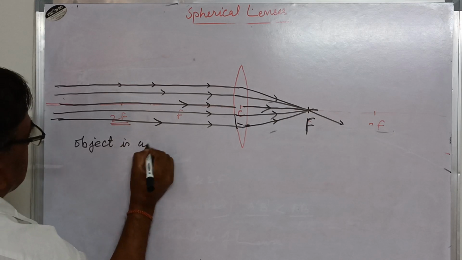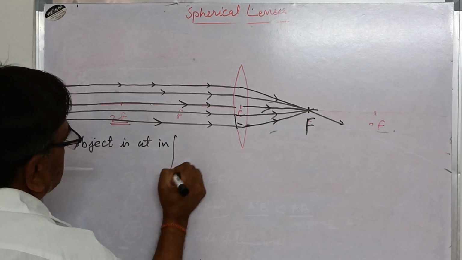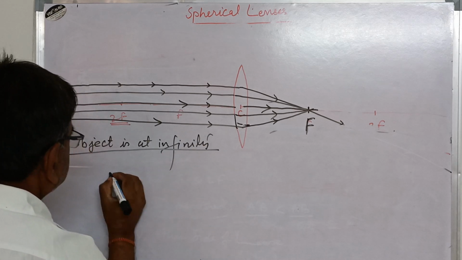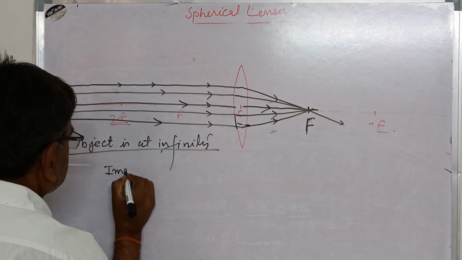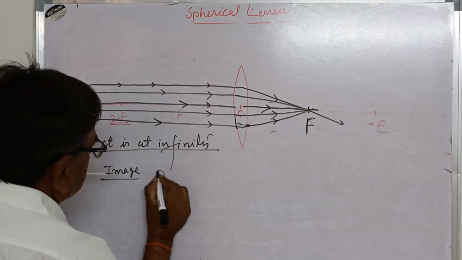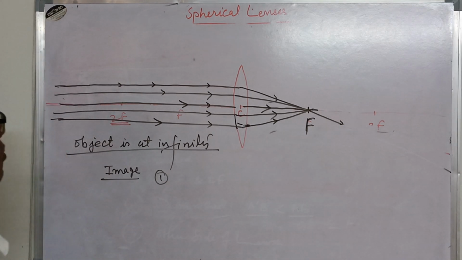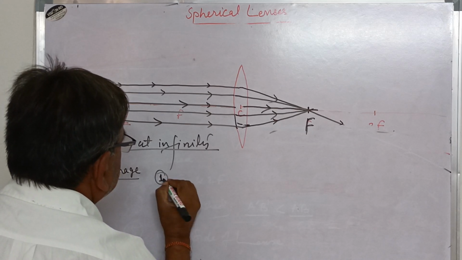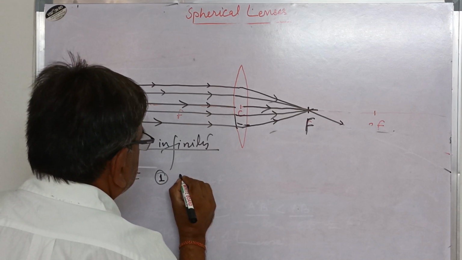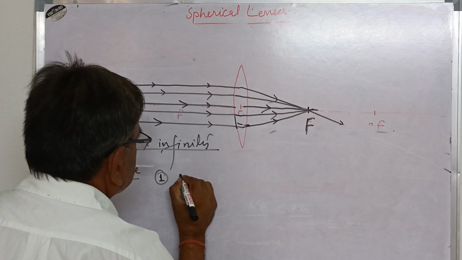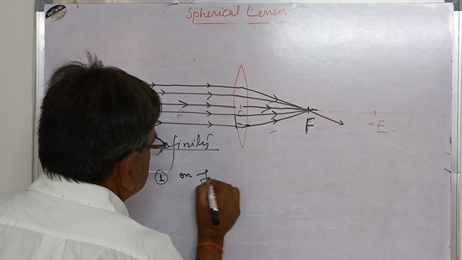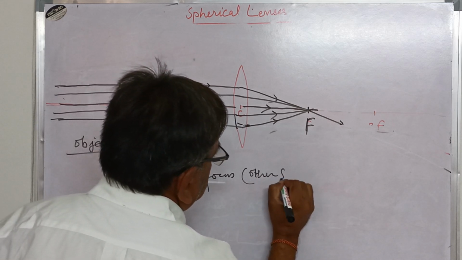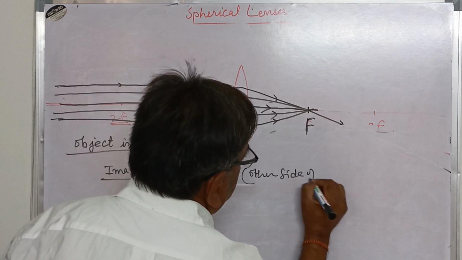Object is at infinity. Now the quality of the image, the description of the image. Number 1, the position of the image is on the focus, on the other side of the lens.